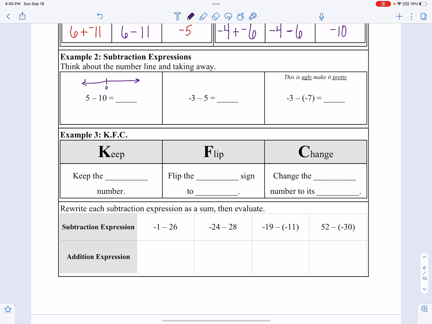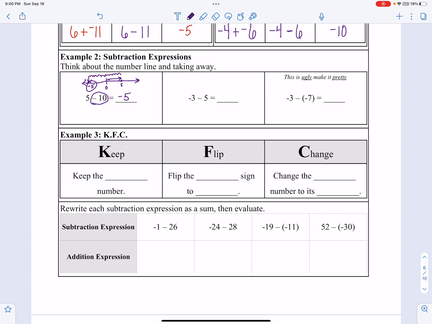Okay, I know I'm starting at a positive 5, and then I'm taking away, okay, 10. And so I know from here that's 1, 2, 3, 4, 5, 6, 7, 8, 9, 10. So then I have to think about where I am. So if I reduced 5, that's at 0, and then another 5 puts me at negative 5 over here. So I know that this equals negative 5.